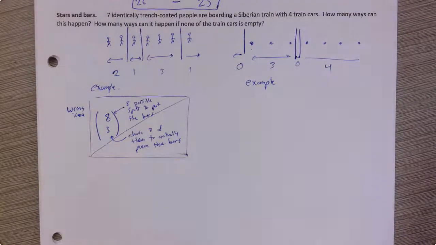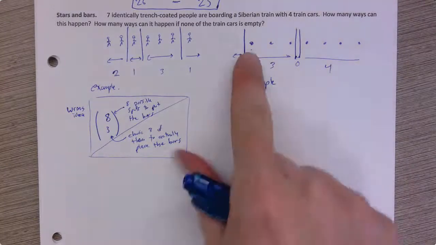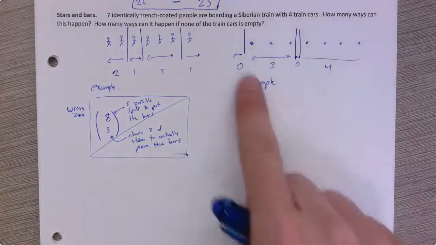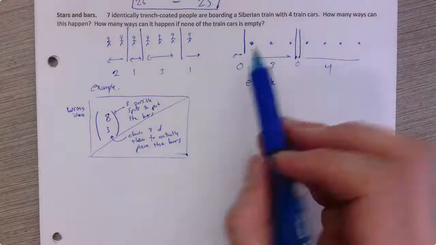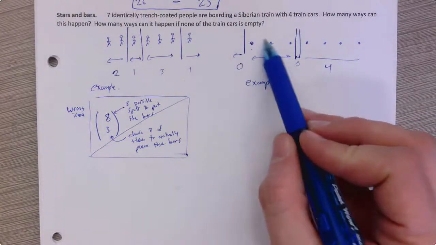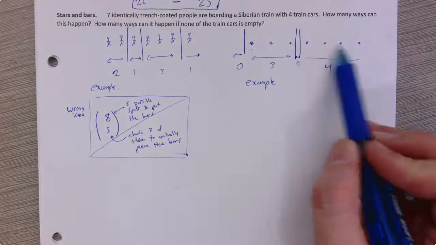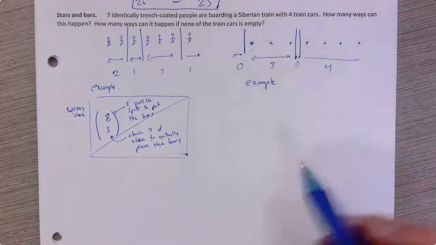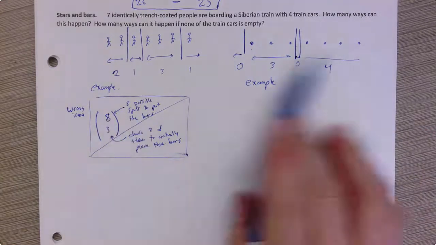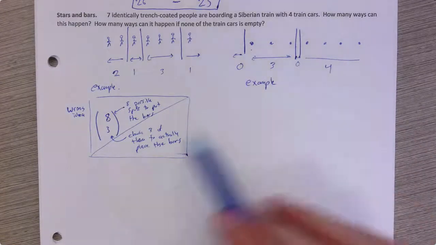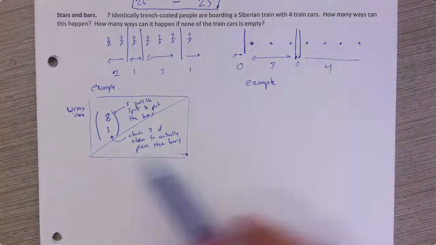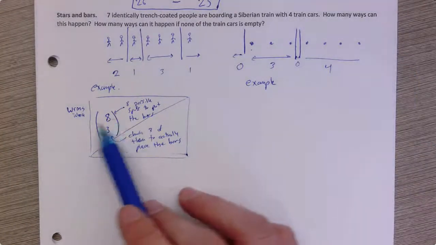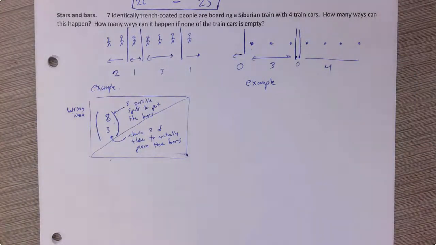A tempting but wrong idea would be to think this way. If I have 7 people, that creates 8 possible locations I could place a bar. Let's just count them. So there's 1 here, 2, 3, 4, 5, 6, 7, 8. So if there's 8 positions I could put a bar, and I'm going to put 3 bars, it's like 8 choose 3, selecting 3 locations to put my bars in from a collection of 8 possible locations.